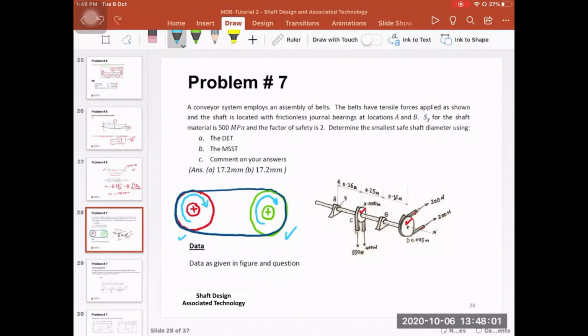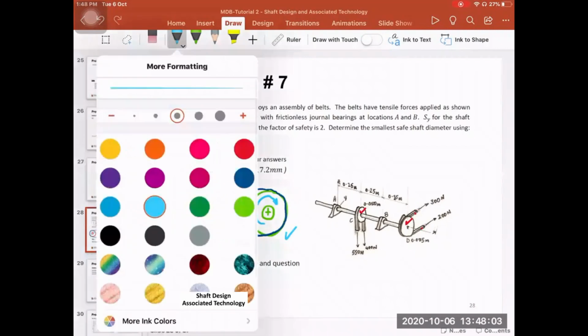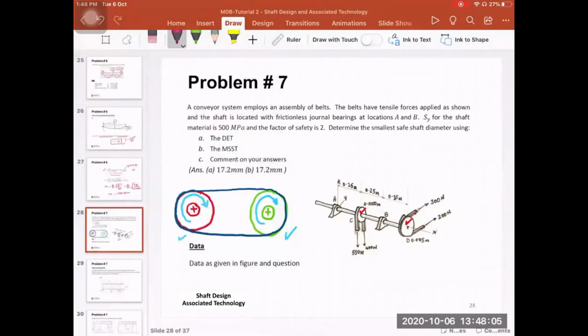But here, with this belt, the case is different, because we have force on both sides. We have force here, we can call this F1, and then we have F2. F1 and F2 are both positive, so neither is equal to 0. They both have values.